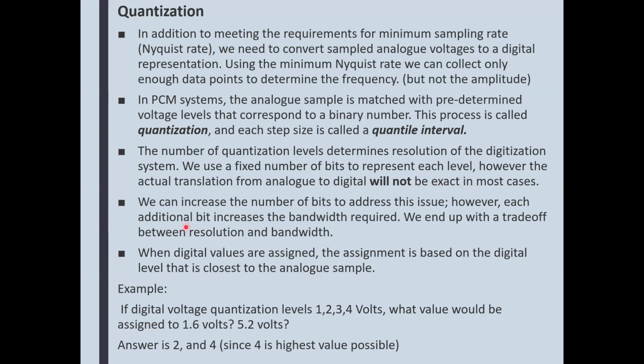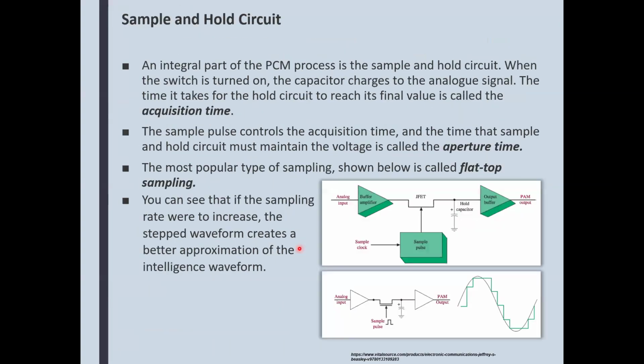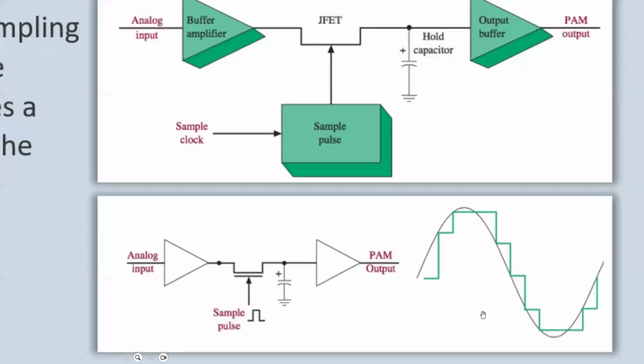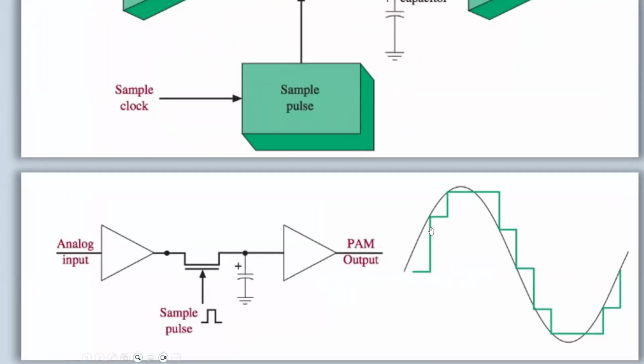So no problem. We can increase the number of bits to address this issue. If you increase the number of bits, then you can make a number that's longer, which means from 0 to high, you're going to have more steps in a longer number, which is going to increase the resolution of things.